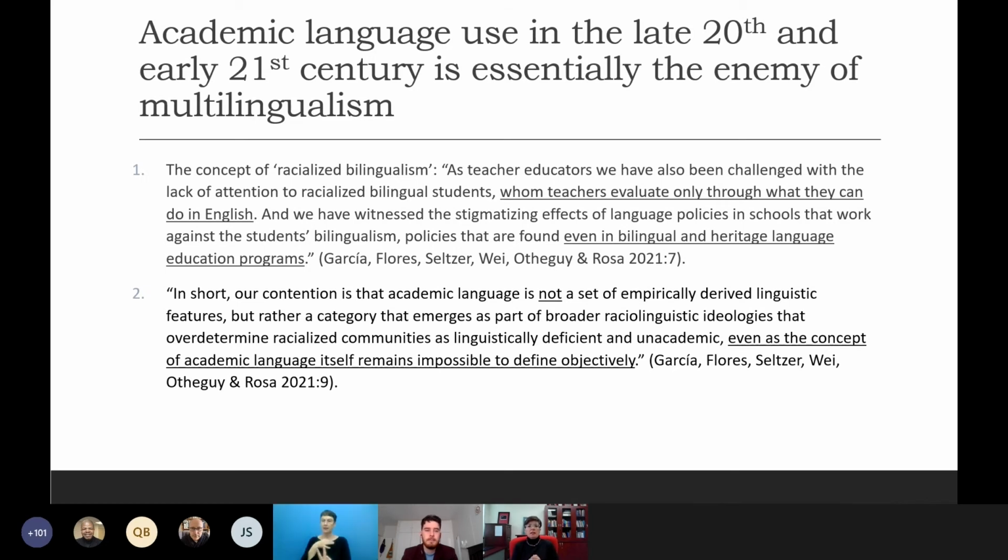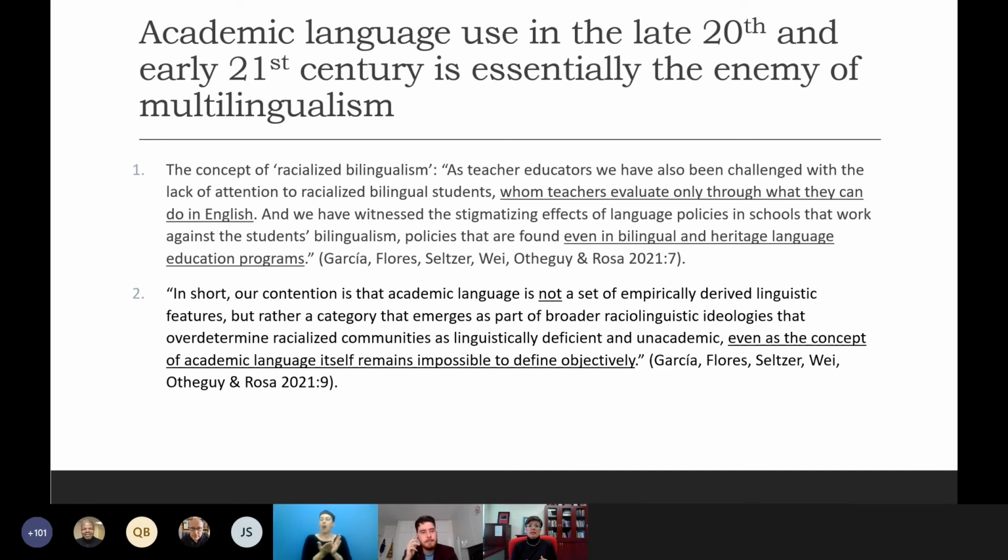In this case, these authors argue that teachers evaluate learners only through what they can do in English. Of course, this is at school level. At higher education level, the picture is much more complex.